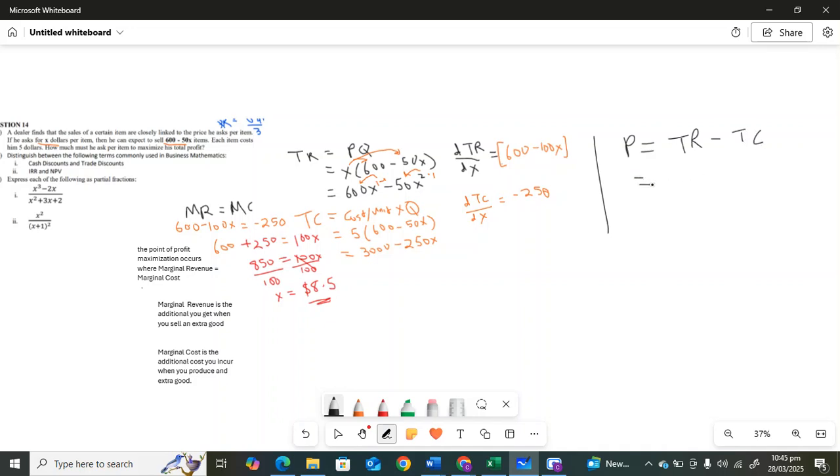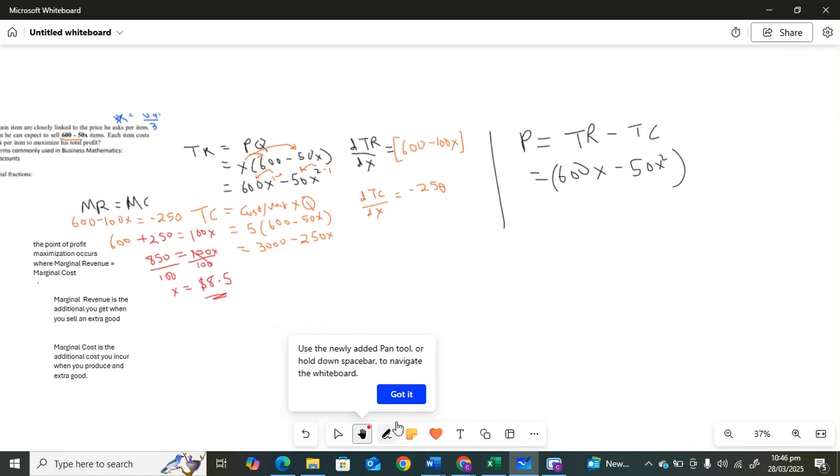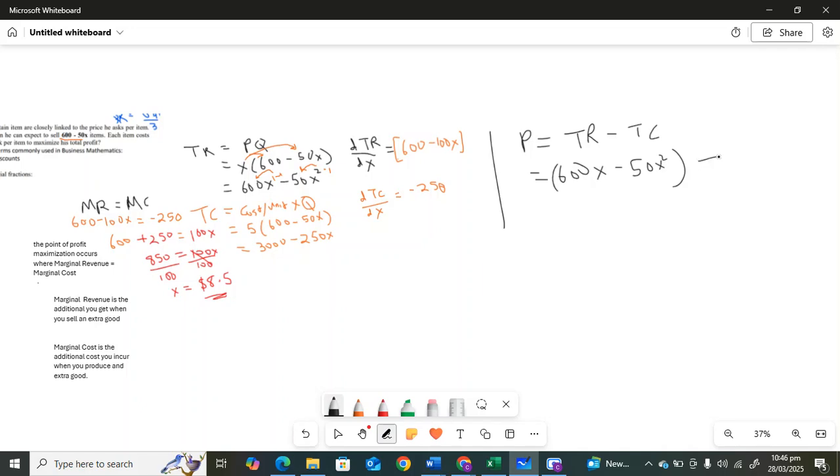Okay, so you're going to say total revenue 600 minus 50x squared minus total cost. What's the total cost? 3,000 minus 250x.